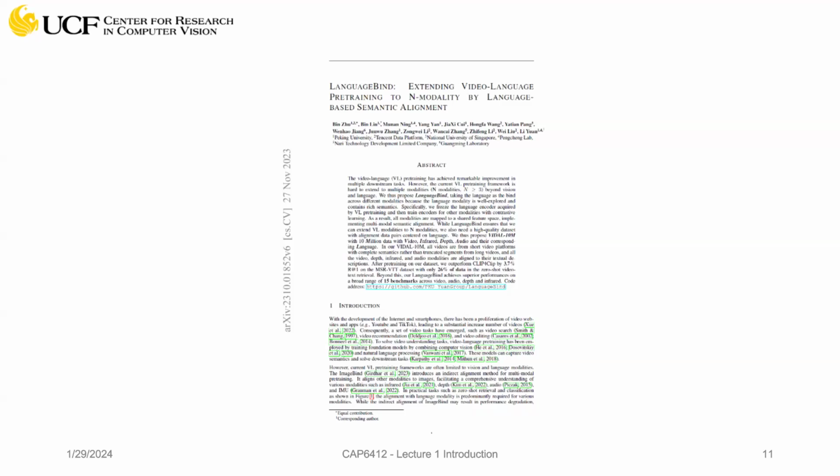Now there's another paper called LanguageBind. There we were binding to the image. Here we're going to bind to the language. We're going to extend CLIP to all other modalities.